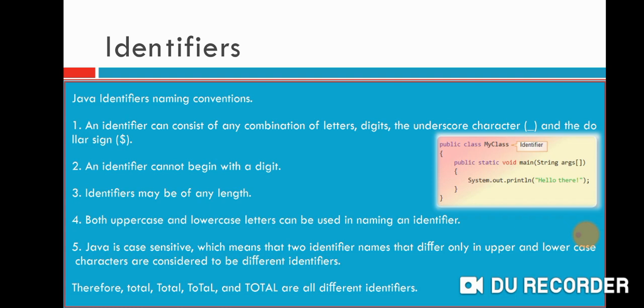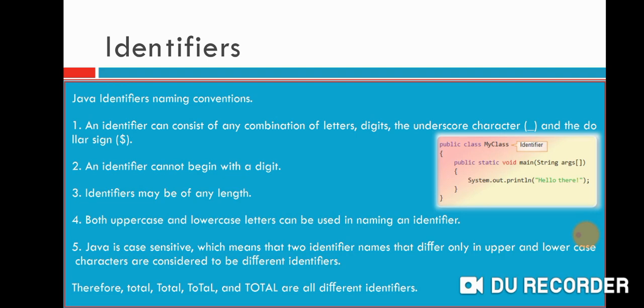Now let's see what are identifiers. Identifiers are used to name different components of a program such as variables, methods, objects, classes, etc. There are some naming conventions for an identifier. An identifier can consist of any combination of letters, digits, underscore and the dollar sign. An identifier cannot begin with a digit. Identifiers may be of any length.